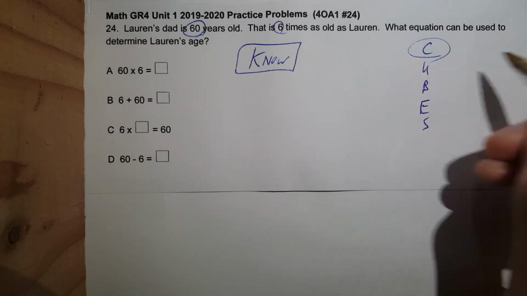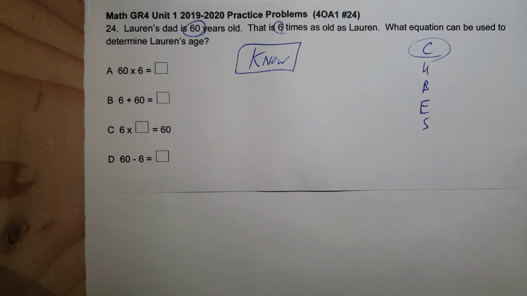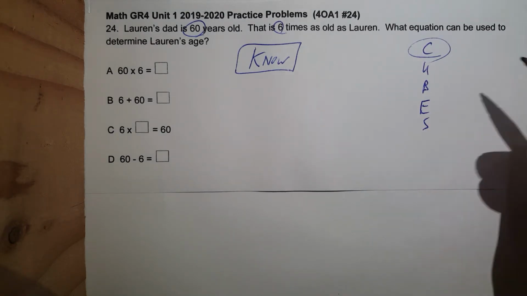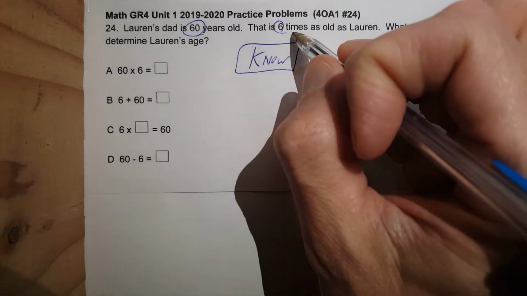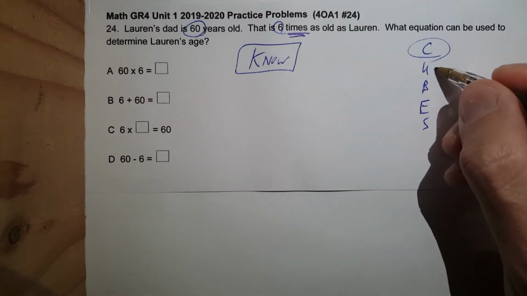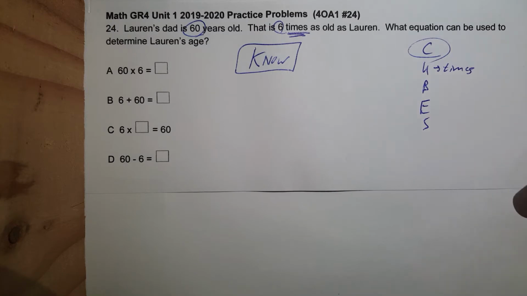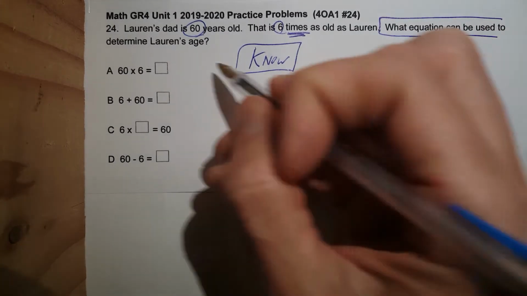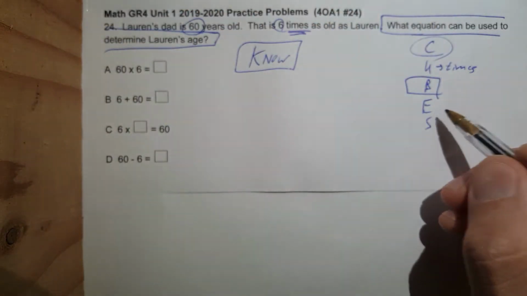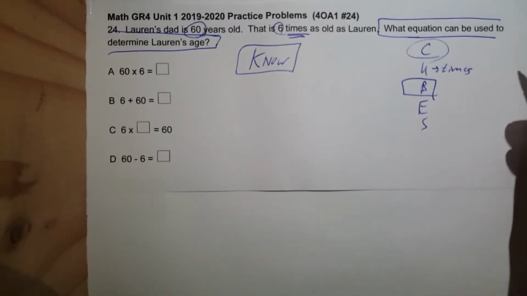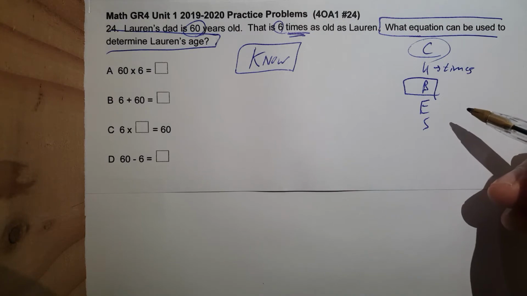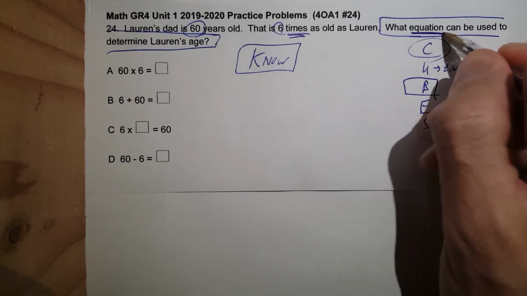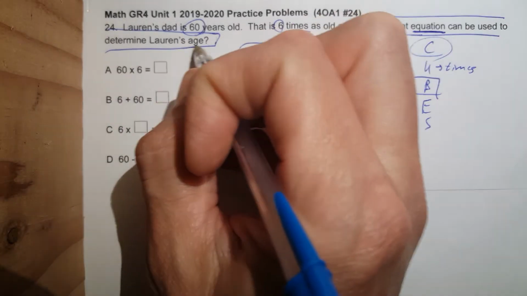U is, you underline keywords. B is you put a box around what the question is asking. And then E, you eliminate stuff that's not necessarily important, okay? But remember, equation is important, all right?